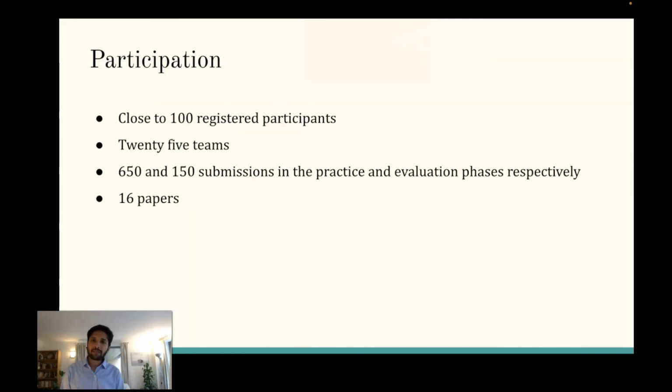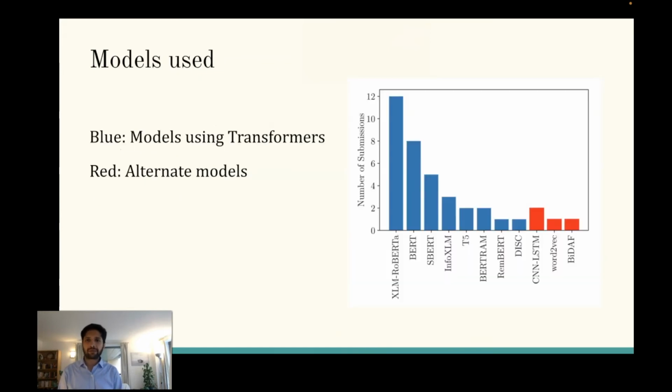In terms of participation, we had an incredible number of participants, with close to 100 registered participants who organized themselves into 25 teams. We had 650 and 150 submissions in the practice and evaluation phases respectively. We've also had 16 of these teams who've submitted papers.